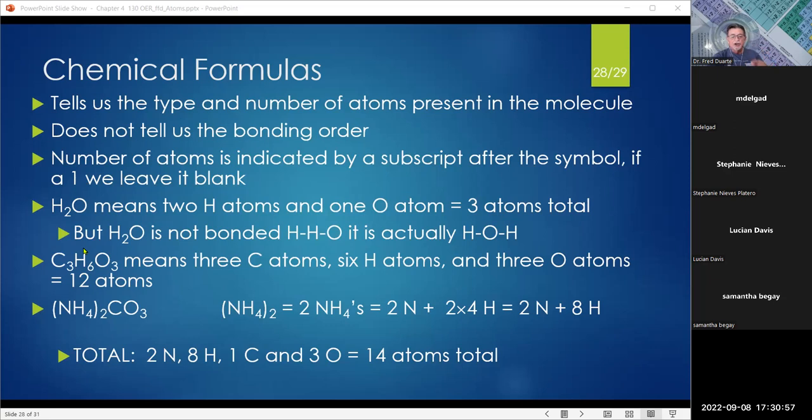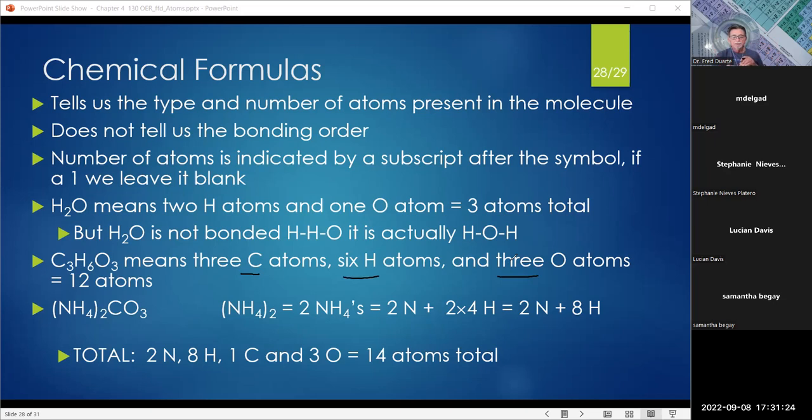Here we're just trying to show you that you should be able to count how many atoms of each there are. Eventually, we're going to take the atomic weights of each one, which we get from the periodic table, and add up the contribution of every atom by its atomic weight. That gives us what we call the formula weight for that compound.